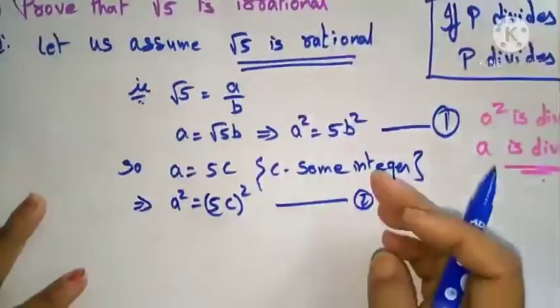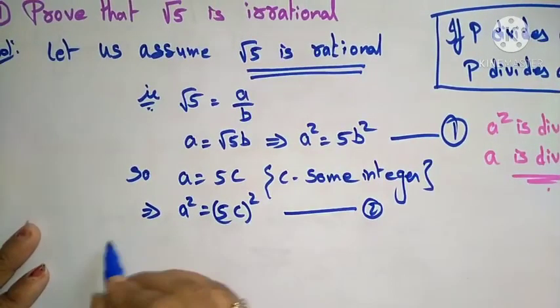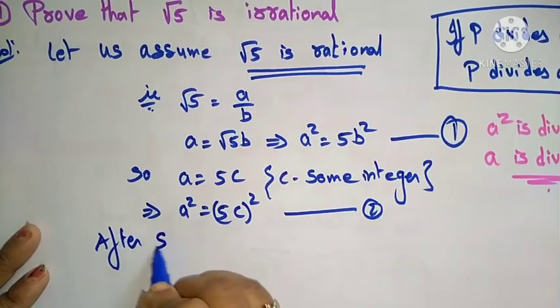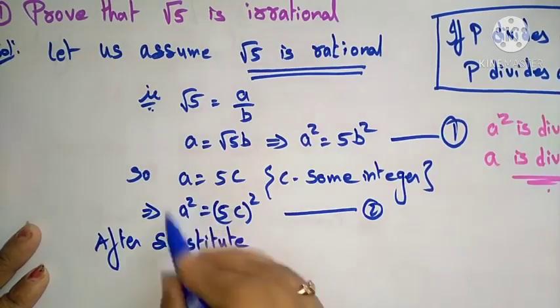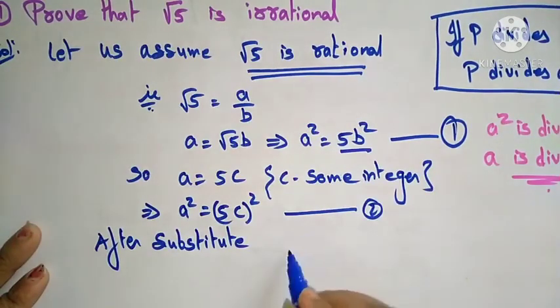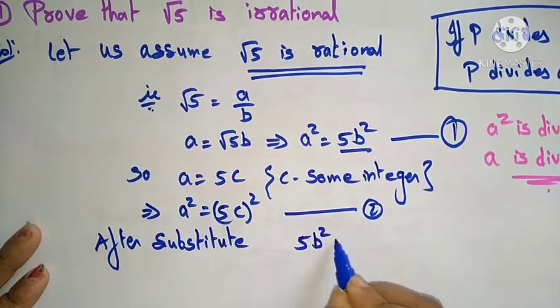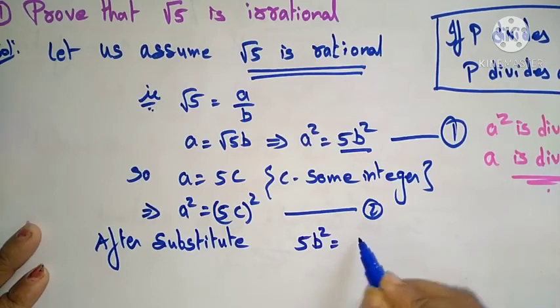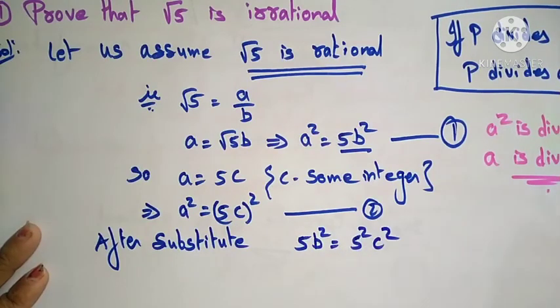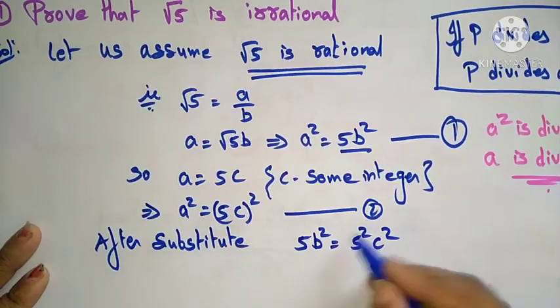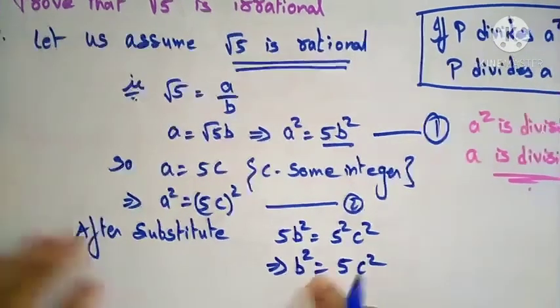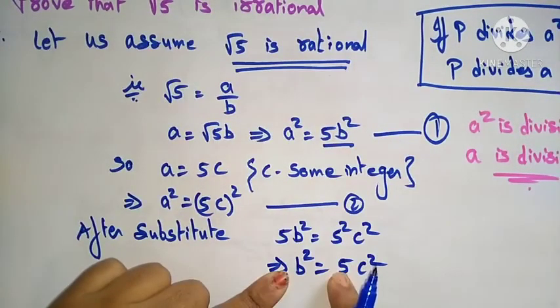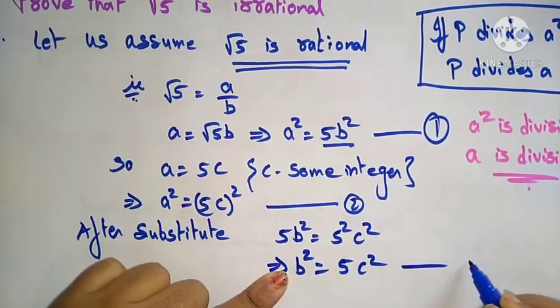After substituting, you get 5b square is equal to 5 square c square, because it is 5c whole square. Just strike off one 5, and you will get b square is equal to 5c square. Even though you substitute, you get the same equation: b square is equal to 5c square.